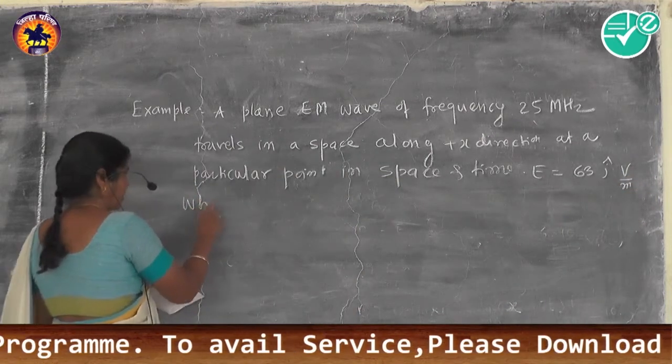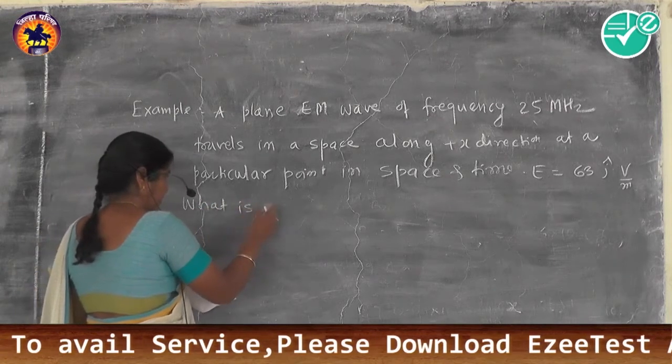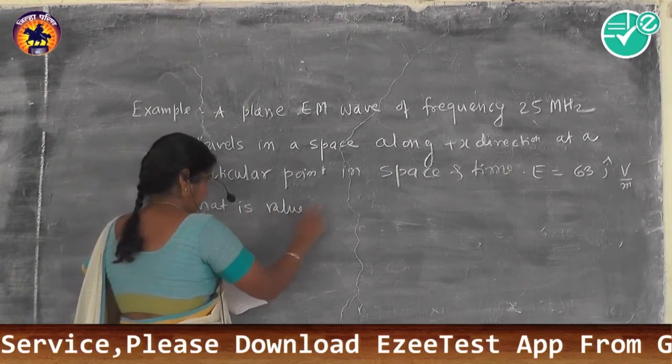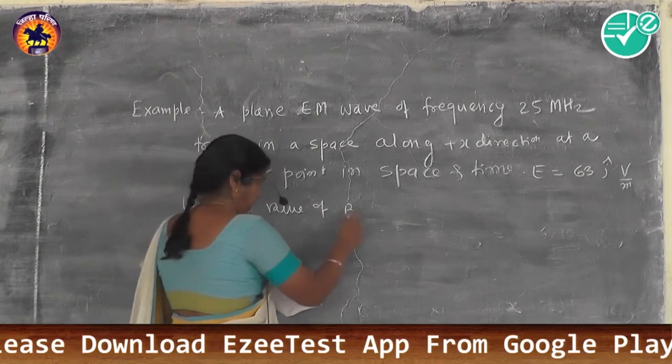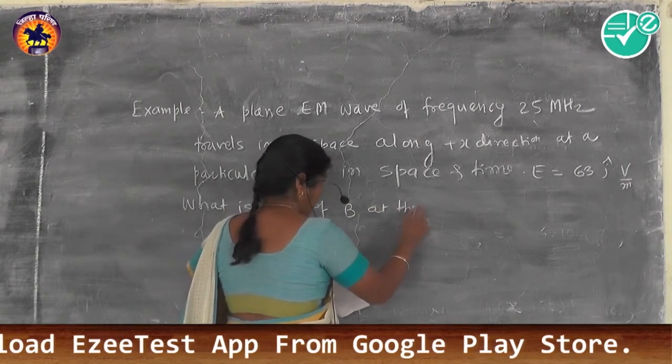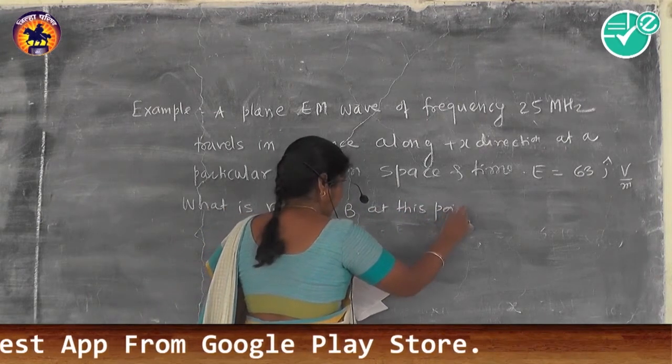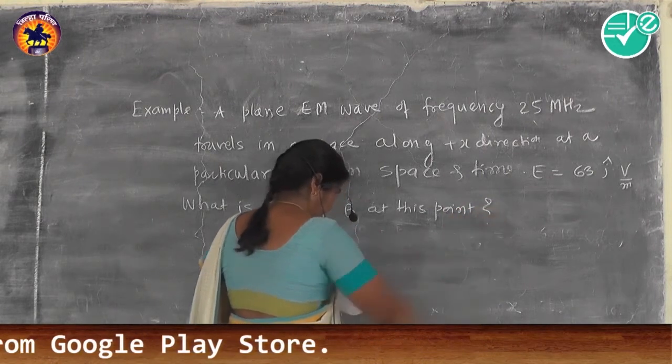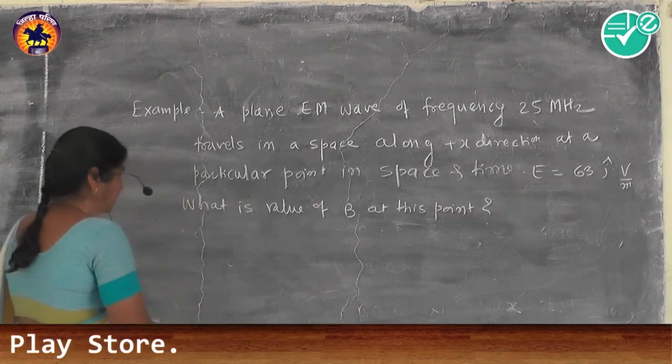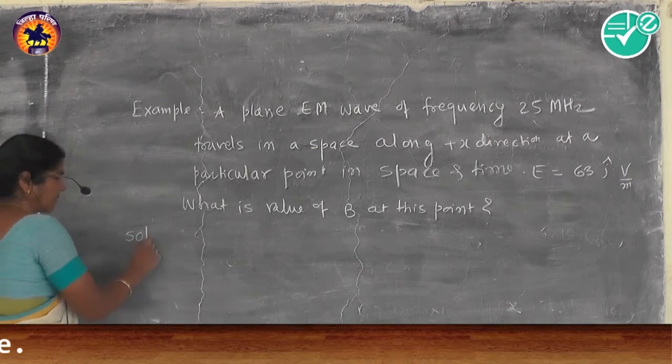What is the value of B at this point? So, a very simple example.